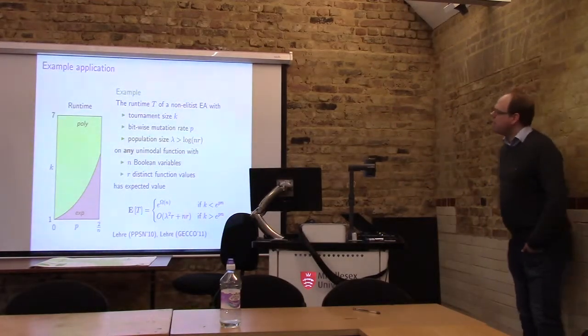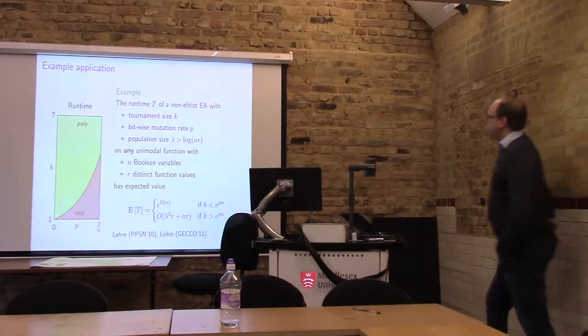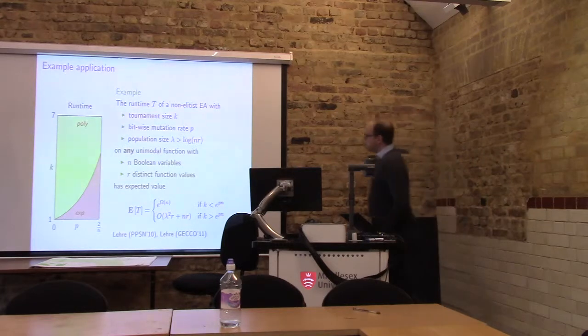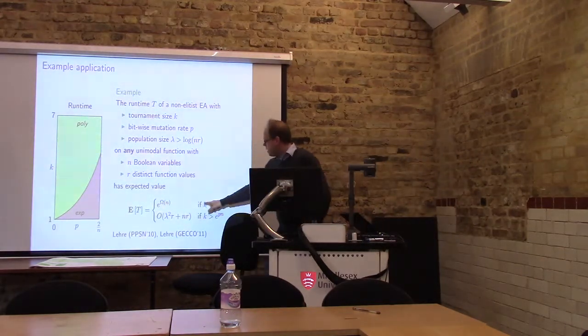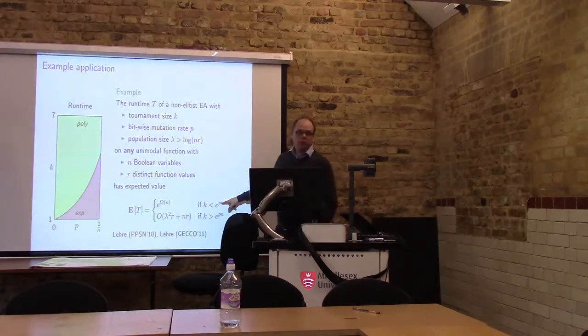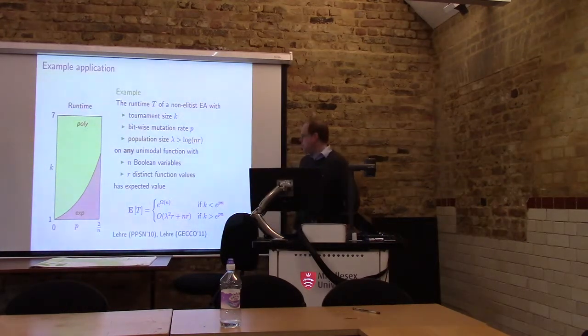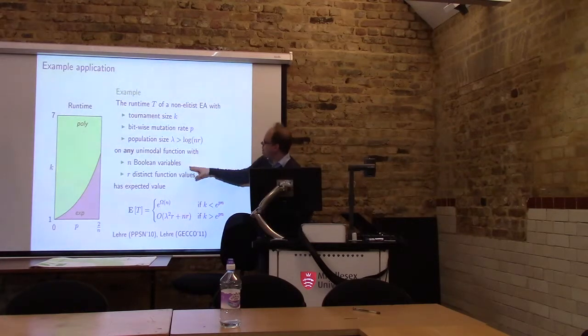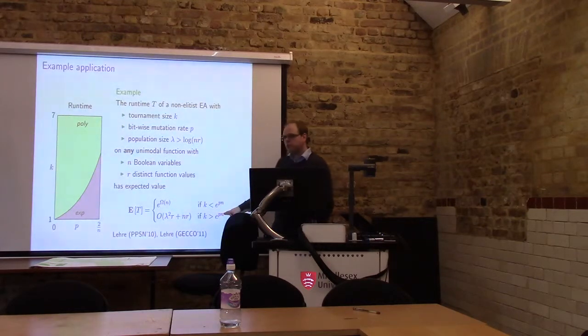If you have r different function values in a unimodal function, then the expected time to reach the target will be exponential if k is less than e to the power of pn, where p is the mutation rate and n is the number of variables. It's going to be polynomial in the number of levels and the variables if the tournament size is larger than e to the power of p times n.